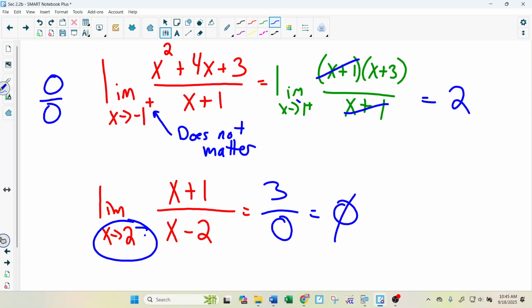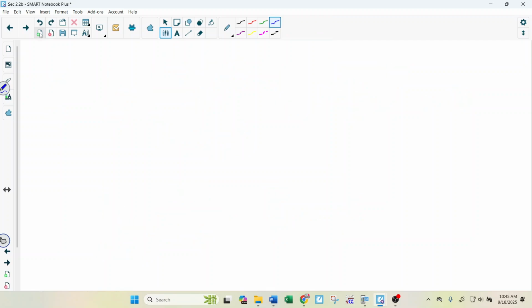Okay. So let's finish up with this one thing here that we talked about at the beginning, and we're going to get into this more later. If you have a number over 0, you have to know if the 0 is plus or minus.